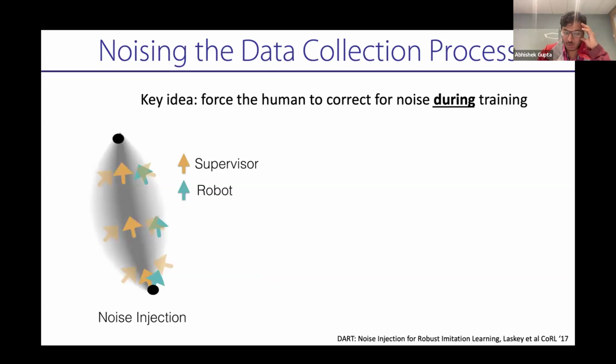There's an algorithm called DART, which some folks at Berkeley proposed, which I think is really clever. All they did is that at training time, when you're doing behavior cloning, just add a little bit of noise. They have all this theory to choose the noise levels and so on, but in practice, all you really need to do is add a little bit of noise to your data collection.